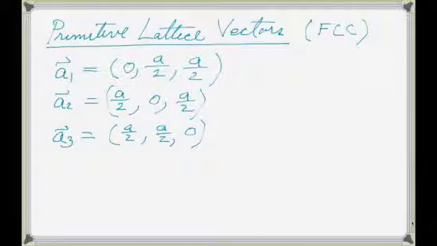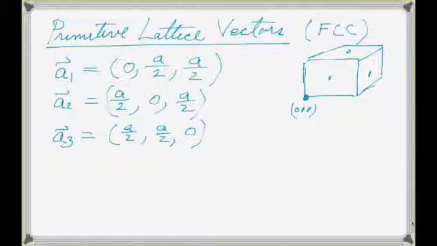And if you draw that cubic, remember we said there's 1 atom on each face, and there's one on each corner. So if this is my 0, 0, 0, then these guys are pointing to the 3 face atoms.